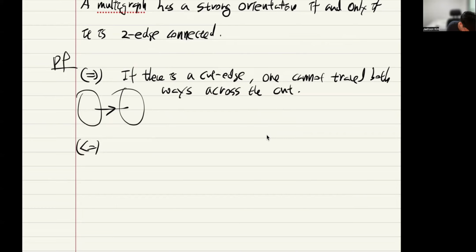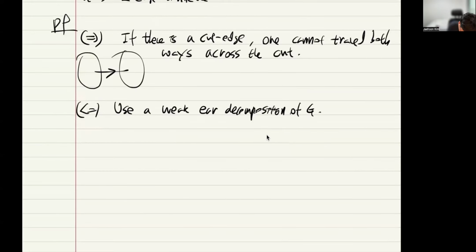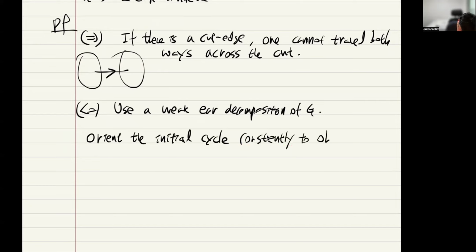The other direction, we use the weak ear decomposition. You have a two-edge-connected graph, so we have a weak ear decomposition. Then what we do, we orient the initial cycle consistently to obtain a strongly connected digraph.